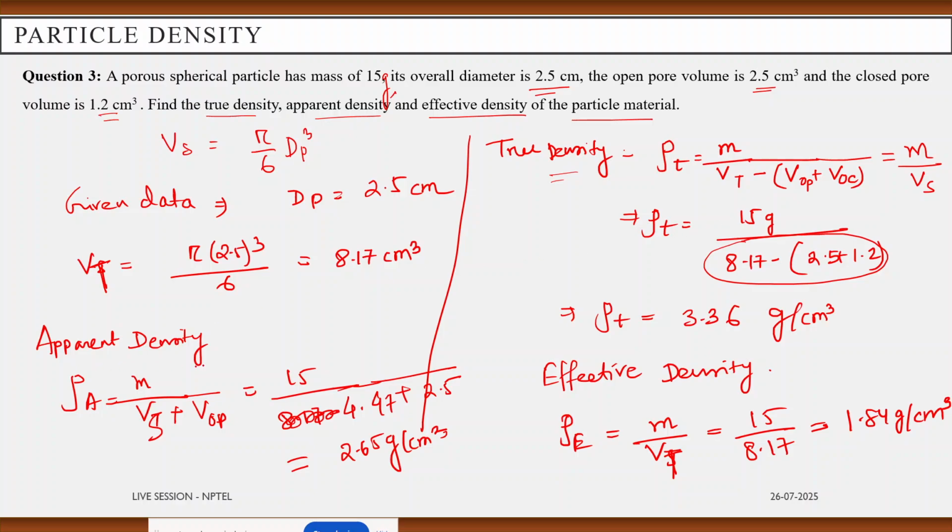And for calculating the apparent density, we take the volume of the solid plus only the open pore, and for the effective density we take the total volume, 1.84.